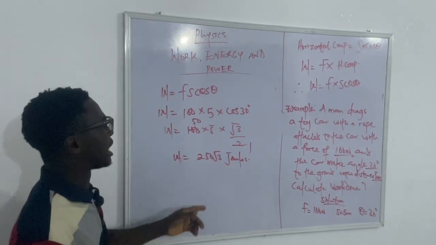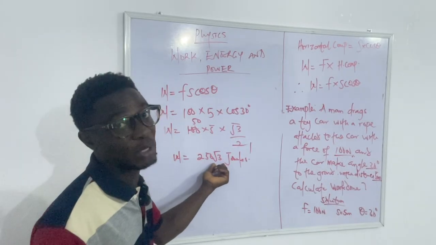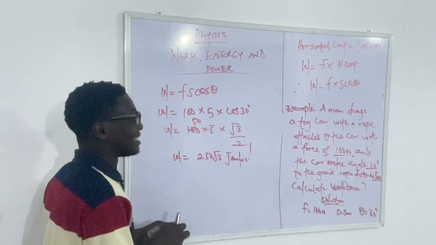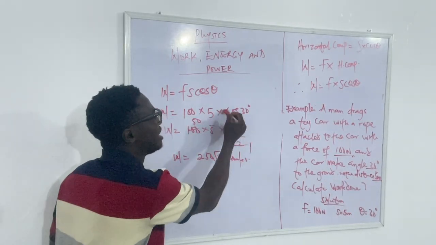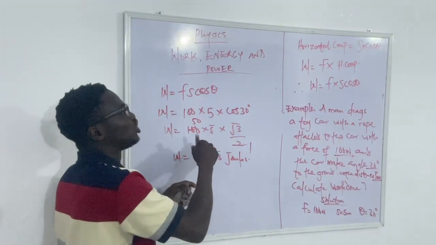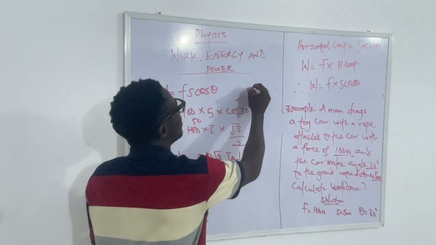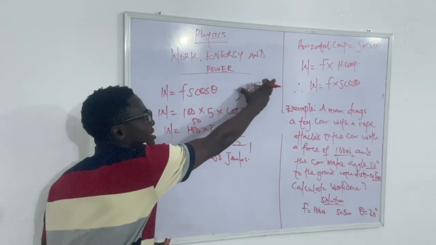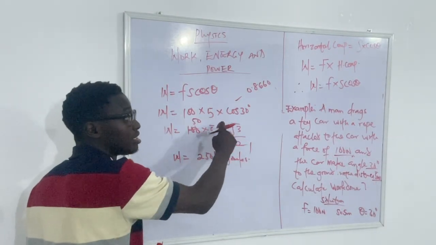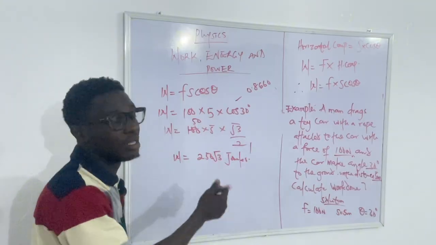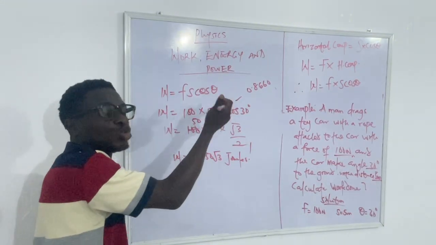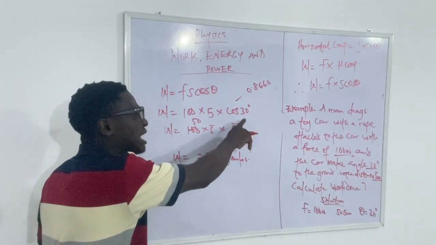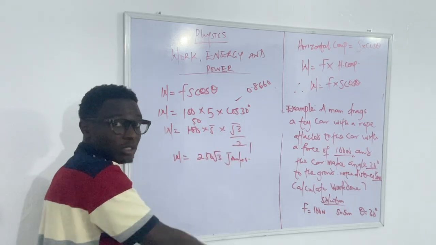And root 3 is the same thing as 1.732. I said root 3 over 2, this cos 30 is the same thing as 0.860. But if we are not using the decimal, we can use the surd form. In further maths, we are still going to do surd. So I will explain every operation about this.